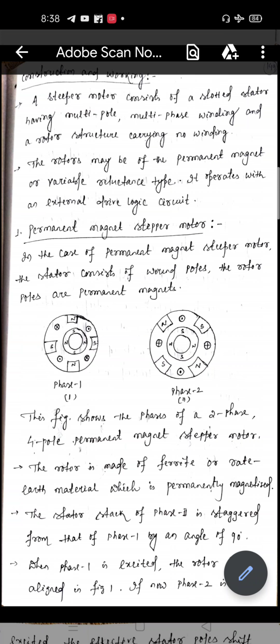Look here. In the case of a permanent magnet stepper motor, the stator consists of wound poles and the rotor poles are permanent magnets.